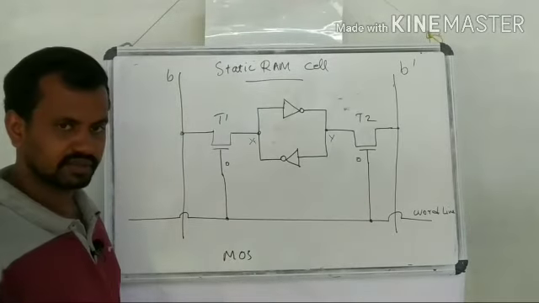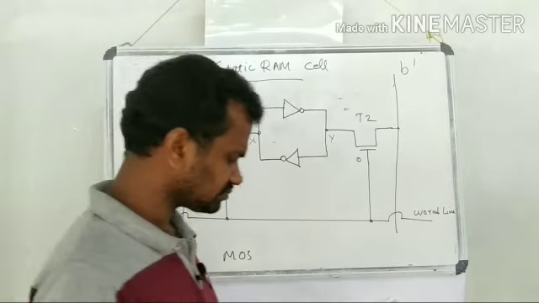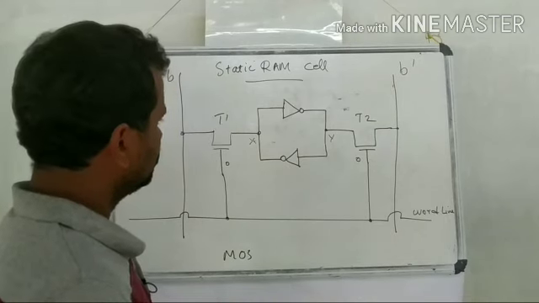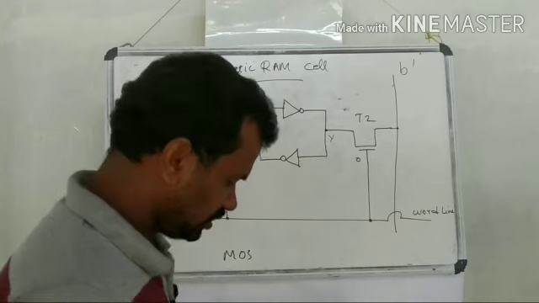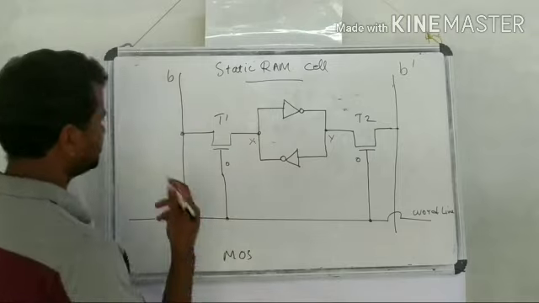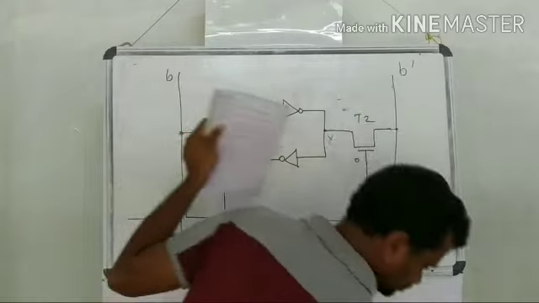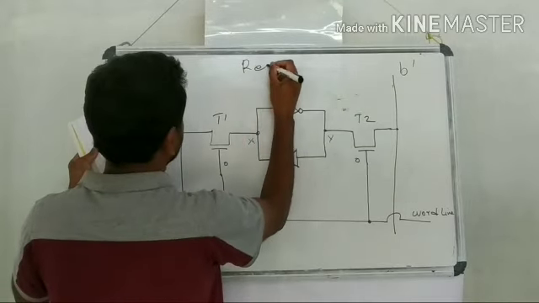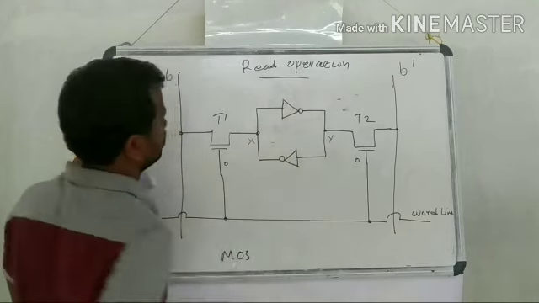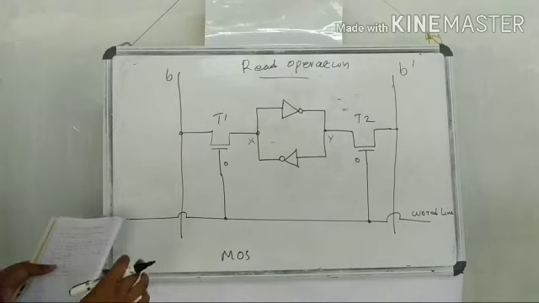Let's go to the read operation. This is how the static RAM cell is made. Now we can explain the read operation in detail. Static RAM read operation. The word line is activated first.